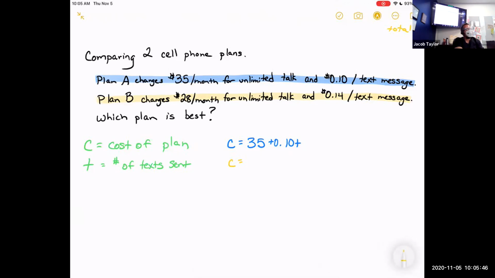This is algebra. Rowdy. What's the equation? Parker? Huh?